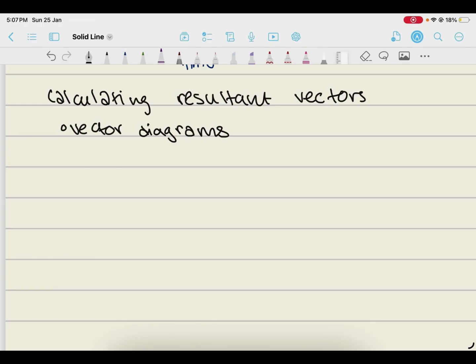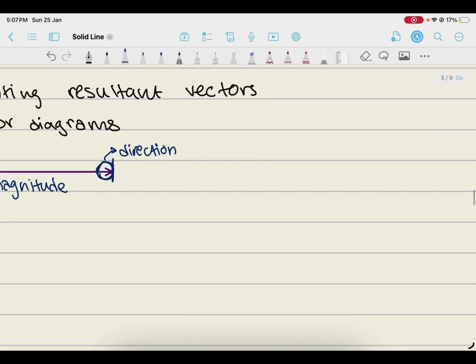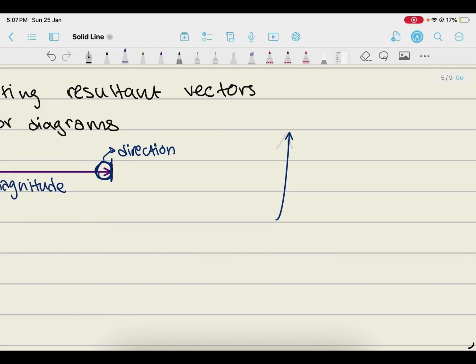So let me draw an arrow. The length of the arrow is the magnitude. And wherever the arrow is pointing would be direction. So if a car is going this way, this would be its direction. And this way, it's all different, okay?